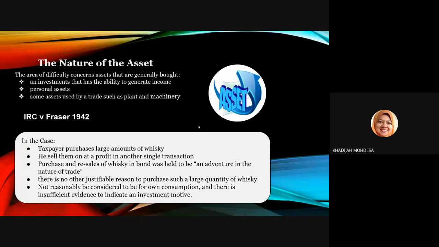So now what happened is that the IRC said the profit is taxable because it is trade in nature. The justification is that you don't actually buy such a large amount for personal usage. And when you resell, there's an intention there. The motive is there, right? So I think it's the same case, just looking from a different perspective. But it's still the same because you're still looking at the purchase in large quantity for both slides, isn't it?